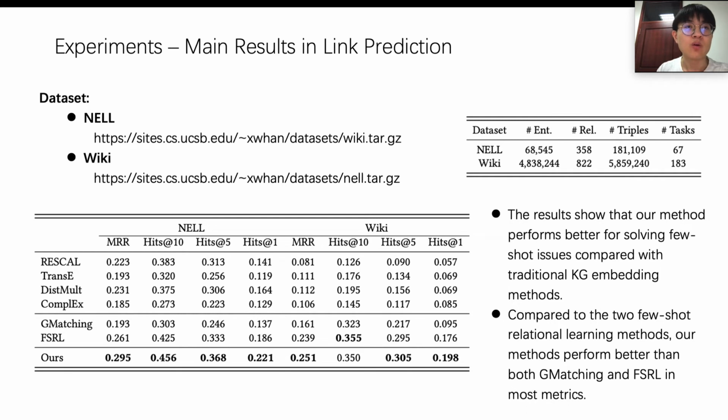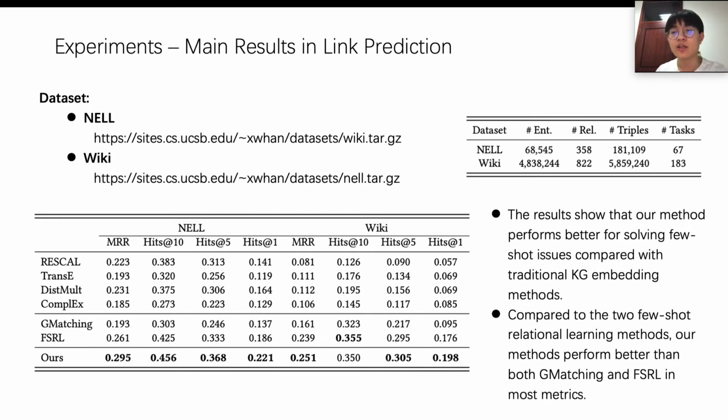To evaluate our method's effectiveness, we compare it with two groups of baselines, including 4 KG embedding methods and 2 few-shot relational learning methods in 2 datasets, NELL and Wiki.